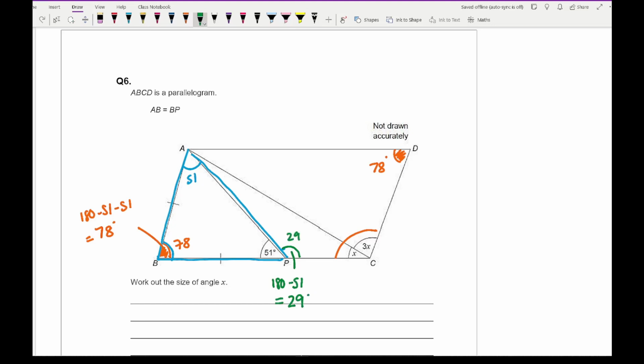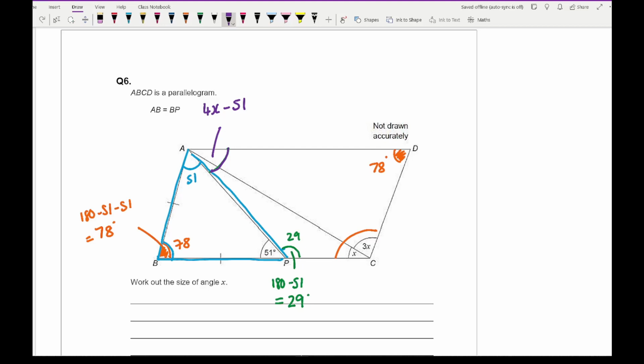And then let's have a look at how we'd work out the others. So we know that this angle here, this green angle, let me use a different colour. Let's go for purple. That this angle here is going to be 4x. It's going to be 4x minus 51.